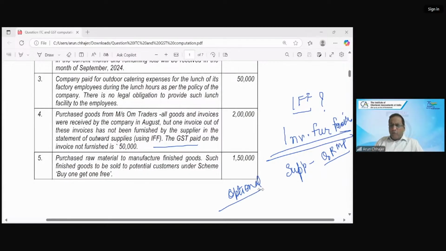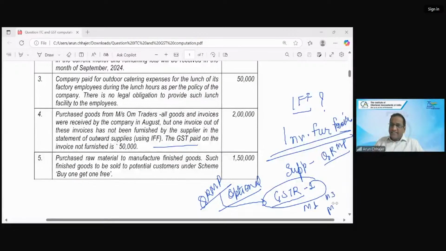If a QRMP supplier wants, can he file the GSTR1 for all the 3 months? Month 1, month 2 and month 3.